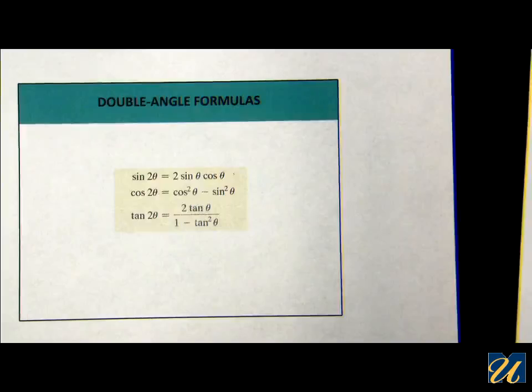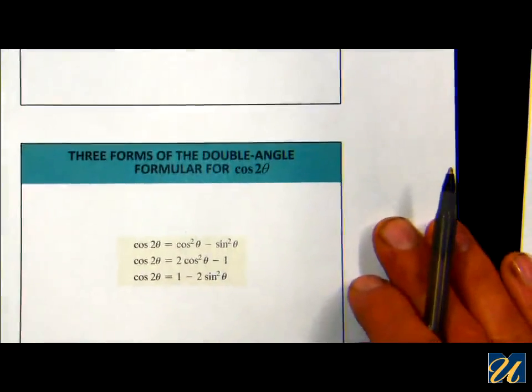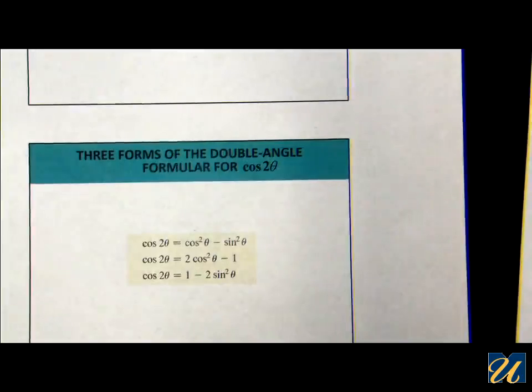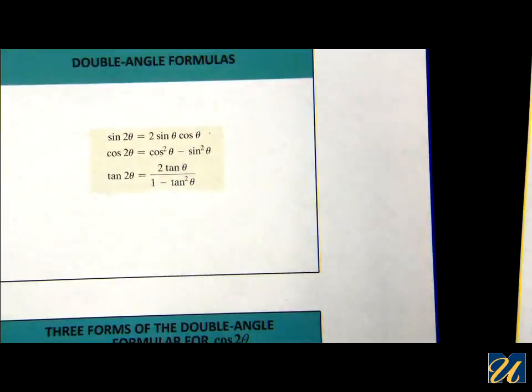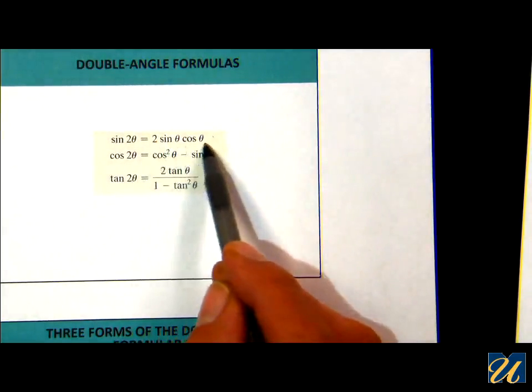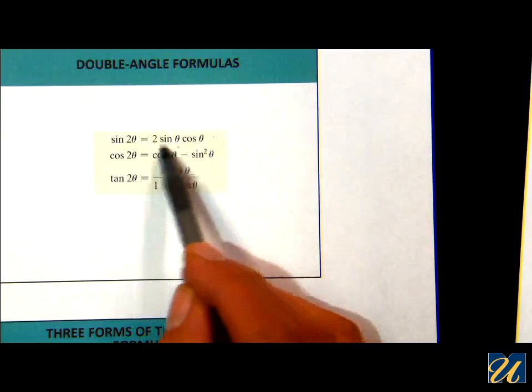Now, we have 3 versions for the formula for the cosine of 2 theta, but only 1 version for the sine of 2 theta. The reason is there are no squares at all in the expansion for sine of 2 theta.